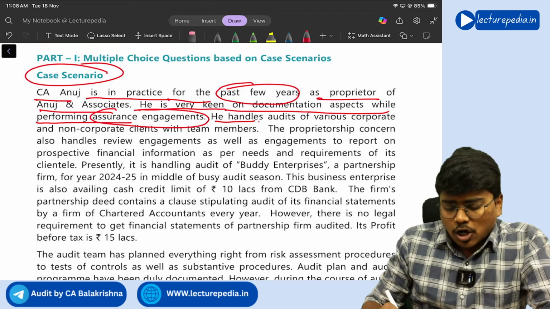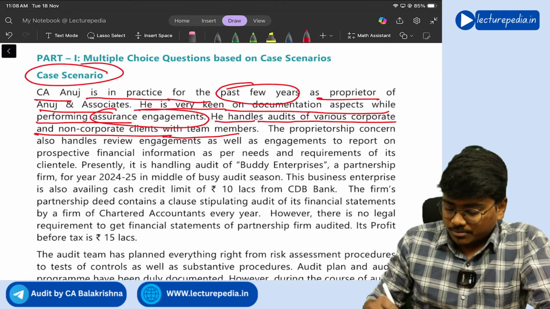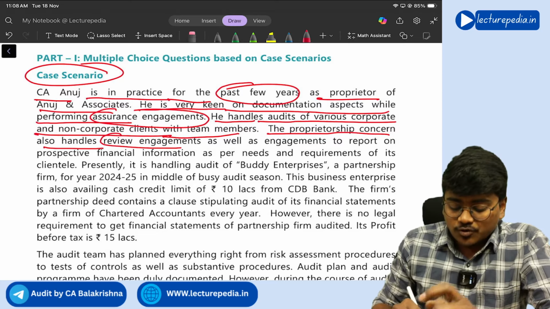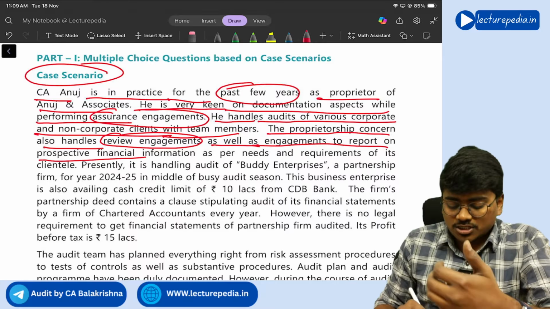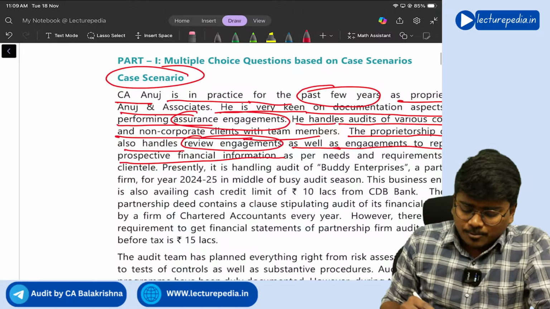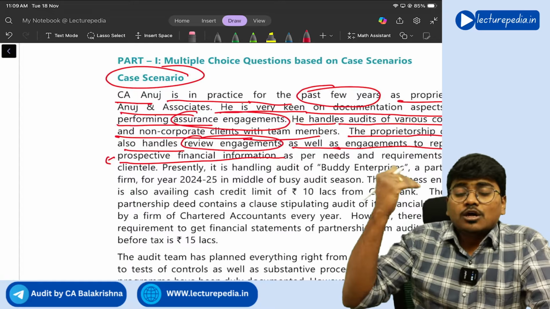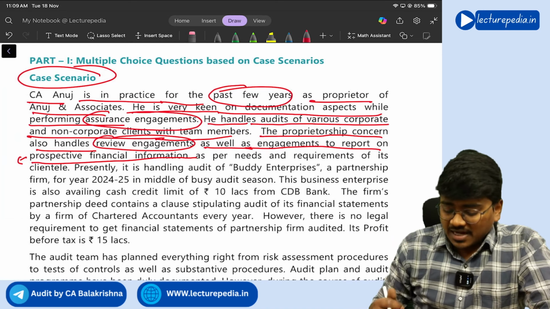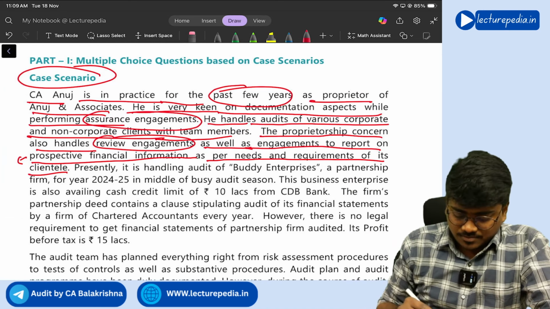He handles audits of various corporate and non corporate clients with team members. The proprietorship concern also handles review engagements as well as engagements to report on prospective financial information. Prospective financial information means financial statements related to future, that is projections. So these things also they will handle as per the needs and requirements of its clients.